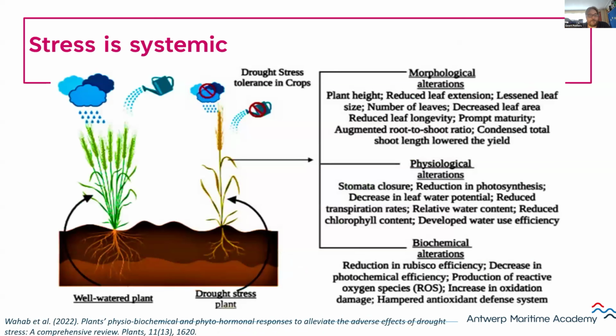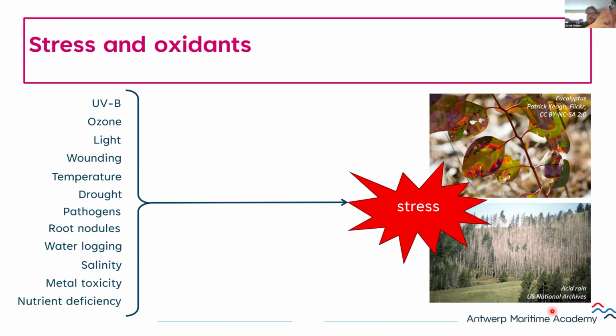That is that you have tens of possible causes of stress, but the outcome, the way the plant responds, both on a molecular level and on an even more macro physiological level, they are more or less alike. There are always a couple of specific responses. I mean, the plants deal with salt in one way and with metals in another way and with temperature in another way. But there is also always a kind of general basic way that plants deal with stress.